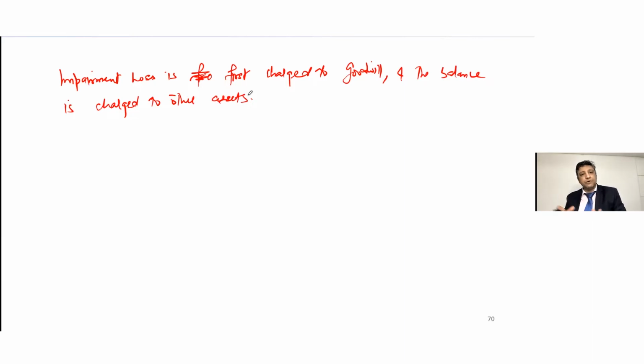Again, as we said before, on the basis of a pro rata value, on the basis of a proportion of the value of the assets appearing in the balance sheet.